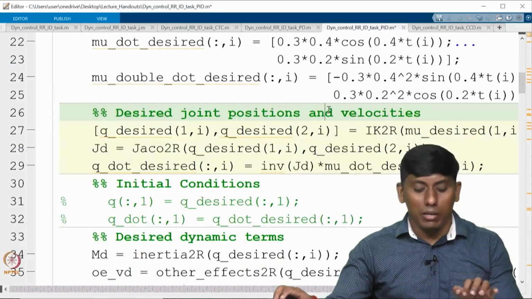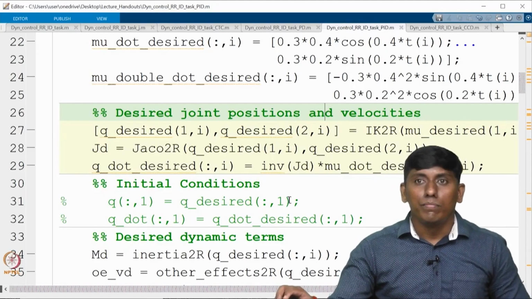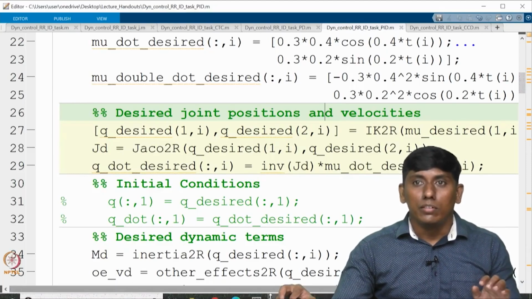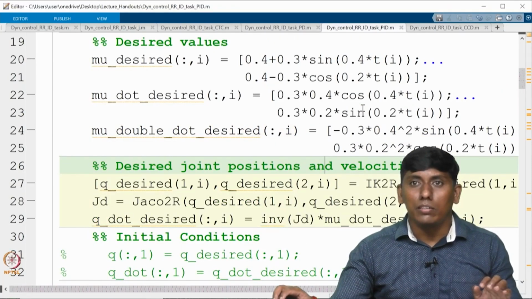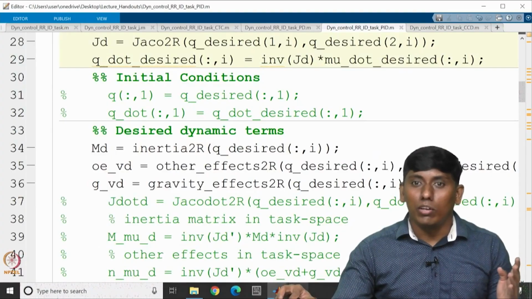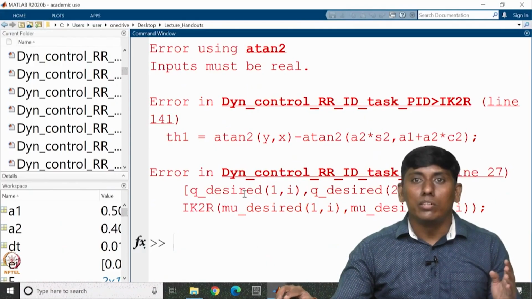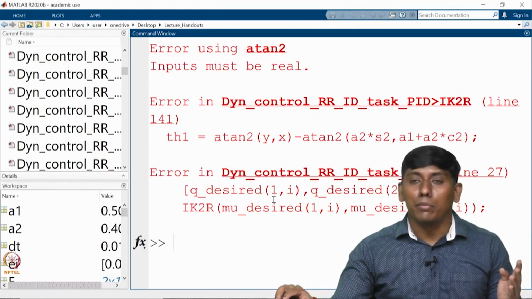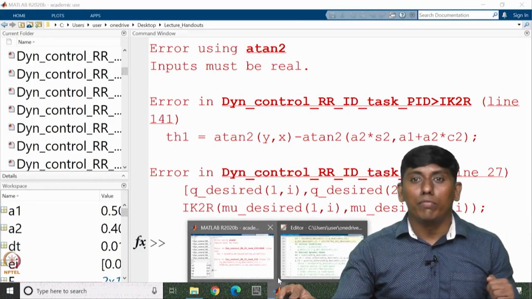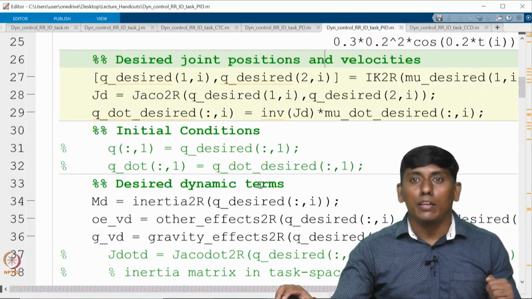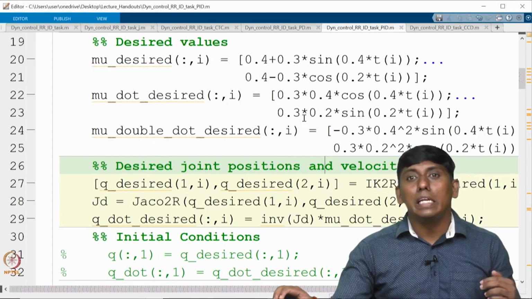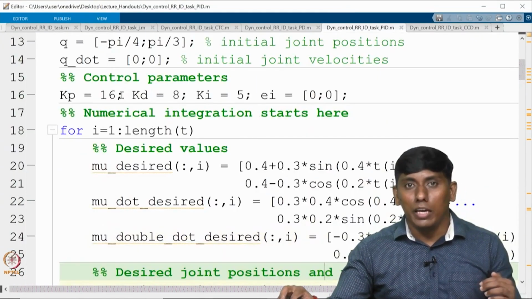Okay. So I am just trying to show. There is an error because some multiplication is missing. It is not able to do it because the inverse kinematics is not happening. Then what we have to see is whether you have to improve your control gain values.